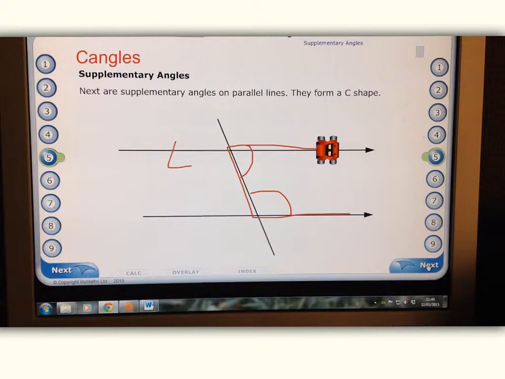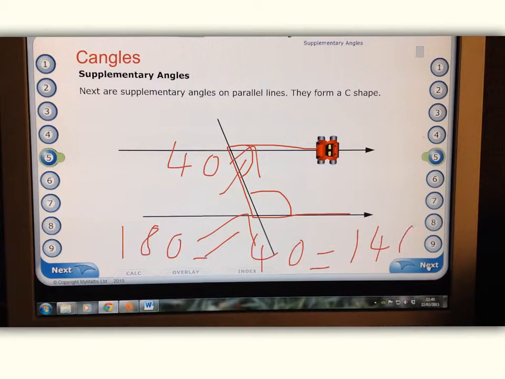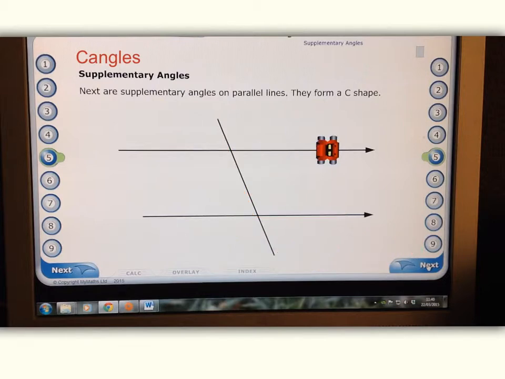So if this angle was 40 degrees, this angle must be 180, take away 40, which equals 140. Likewise, if this angle was to be 120 degrees, then X would have to be whatever you add on to 120 to make 180, which in this case would be 60.